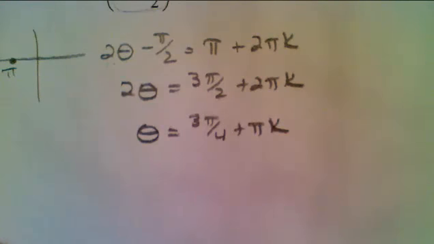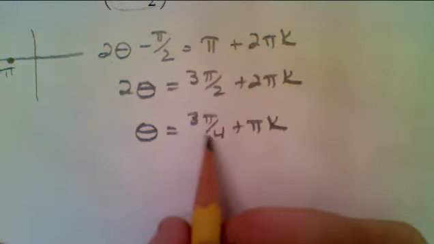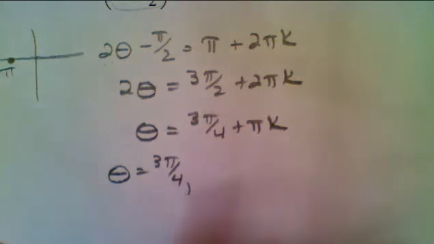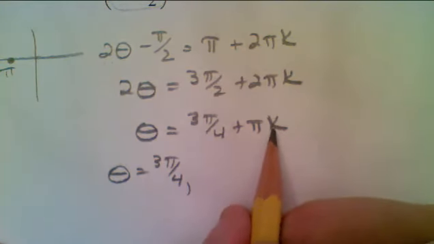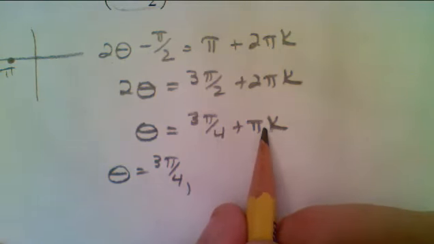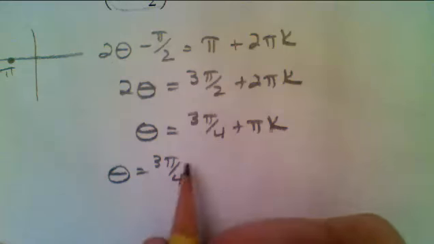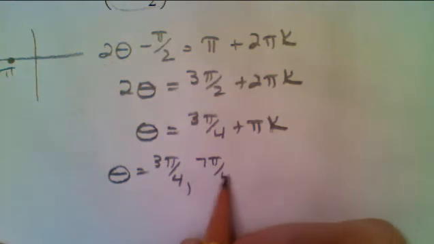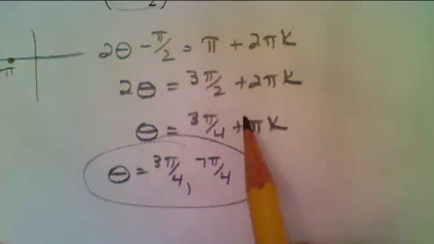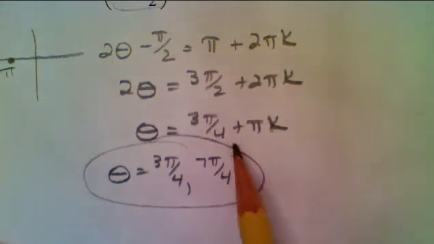Alright, so once I do that, when k is 0, I get 3 pi over 4. When k is 1, I'm going to take 3/4 plus 1. So 1 pi is 4/4 plus 3/4 would be 7/4. That's still under 2 pi, and those are my two answers. Again, if I put k as 2, 3/4 plus 2 pi is too much.